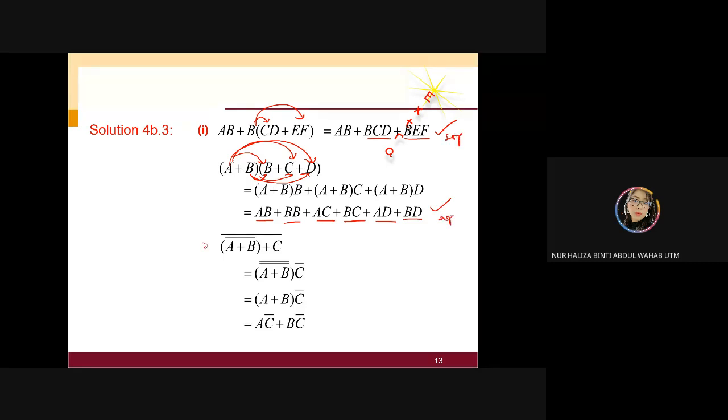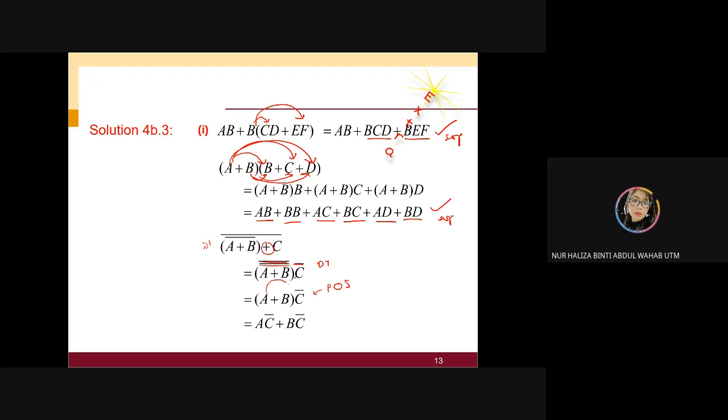The third one, you're going to use De Morgan theorem. No need for me to teach you again how to go from adding to the multiplication, and then you have bar and bar. This is De Morgan theorem. And from here, this is POS.